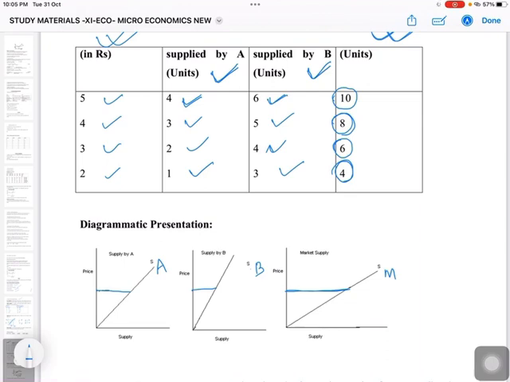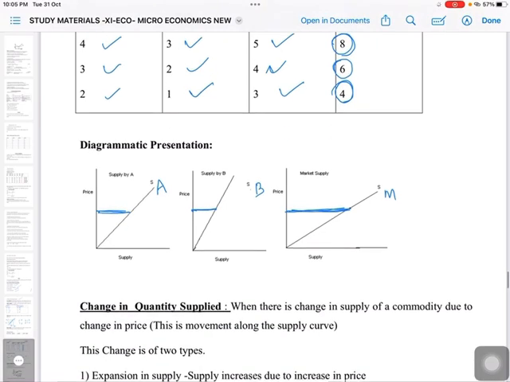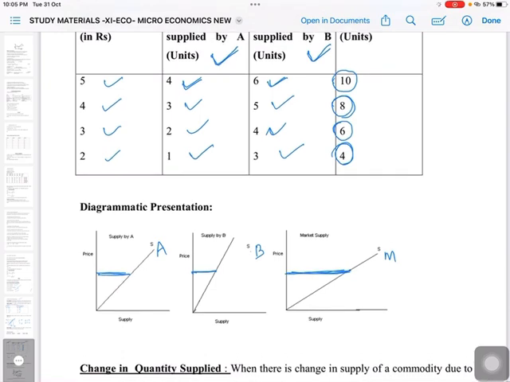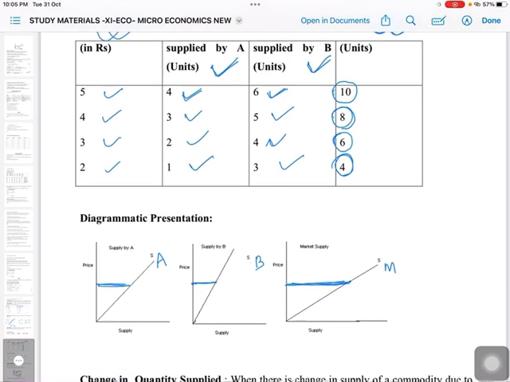Market supply is the sum of individual supply. So the horizontal combination of individual supply curve gives you market supply curve. So this is how you can derive the market supply curve from the individual supply curve.